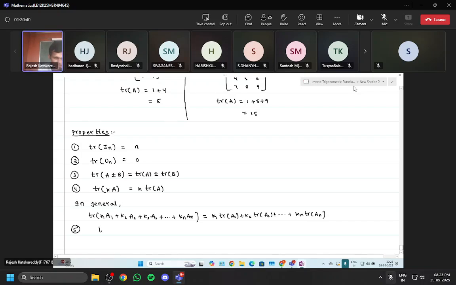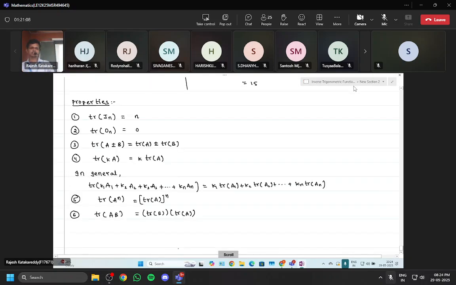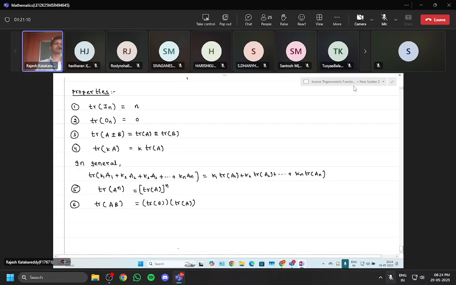Now the fifth one, trace of A power n is not equal to trace A whole power n. Trace is non-distributive over multiplication. Trace of AB is not equal to trace B into trace A. Trace is non-distributive over multiplication.